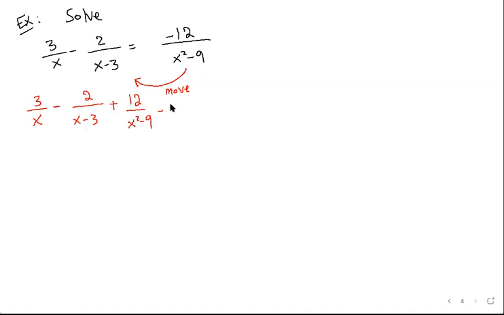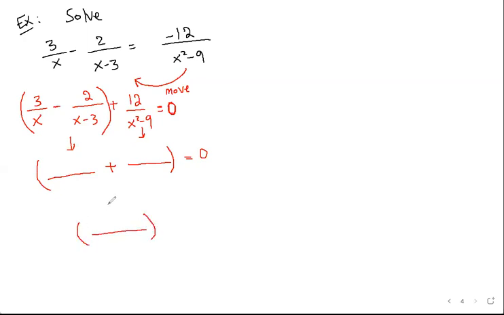So the important idea here is to combine two together, and I get one fraction. Then I combine that with the other fraction, and I get one fraction. This is the easiest way I can solve this one.